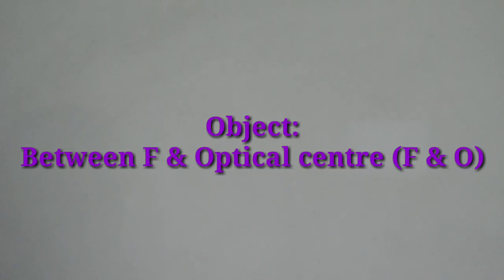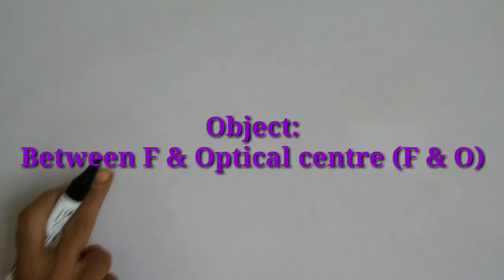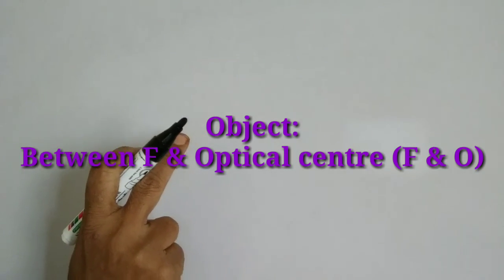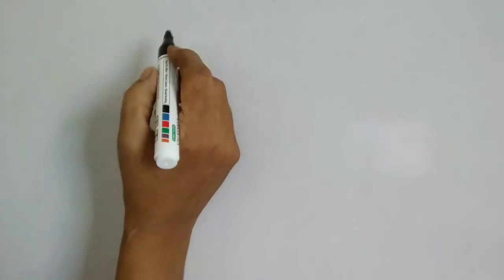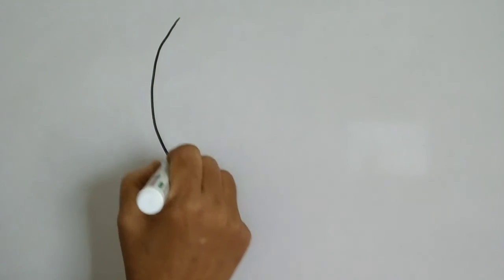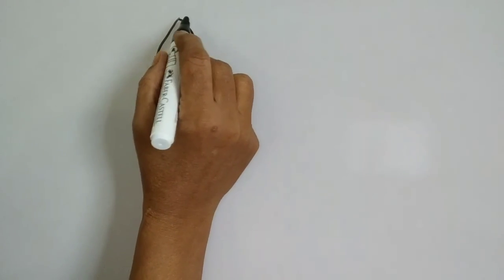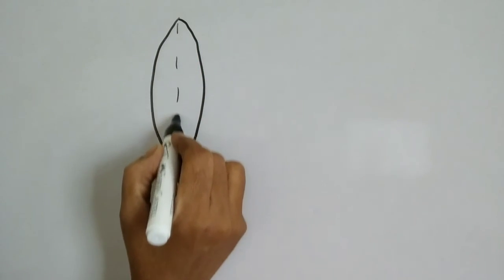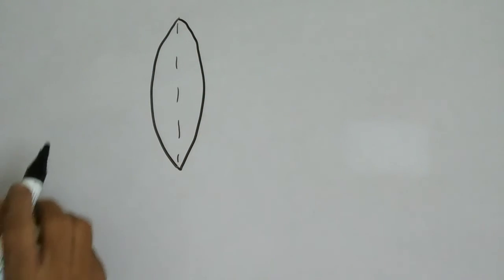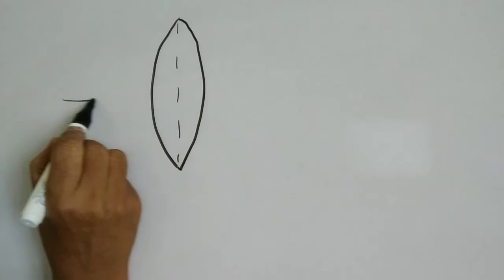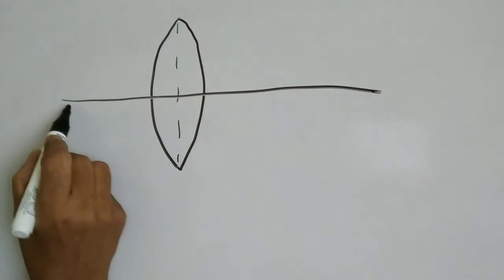Next case, we are talking about the object when placed between focus and optical center. This is the convex lens, and this is the principal axis.